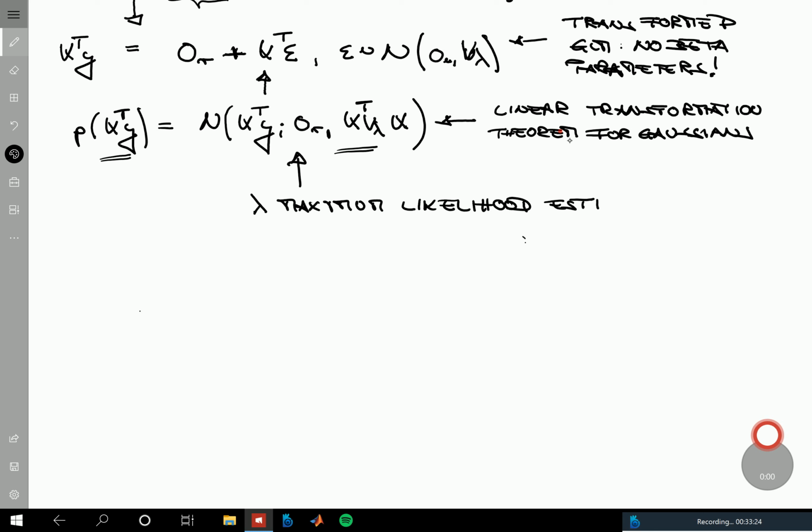And then the idea will be, once we have estimated the lambda parameters, we have an estimate of our V matrix, which we can use in the generalized least squares estimator to also estimate the beta parameters. So if you're wondering what happens with the estimation of the beta parameters, we will get to it.